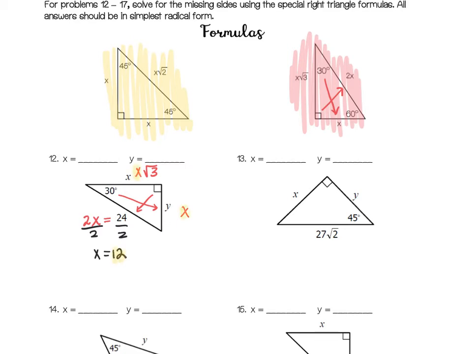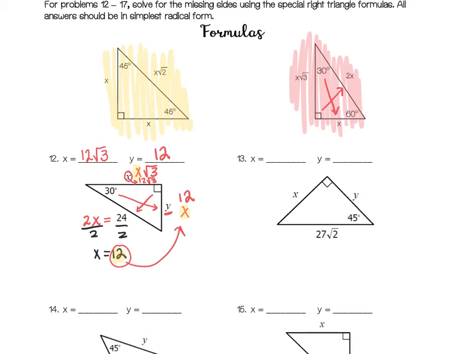So for this side, when I plug it in, I get 12 square root of 3. Now, it says label this where the x blank is. So 12 square root of 3. When I take x and plug it in here, I get 12, which is the y blank. So 12.